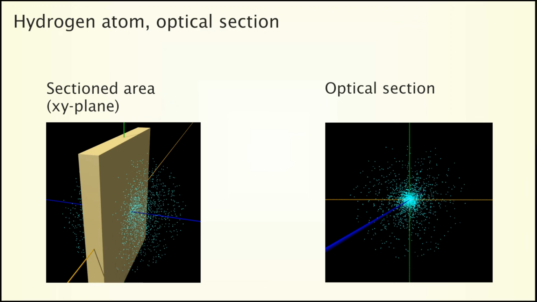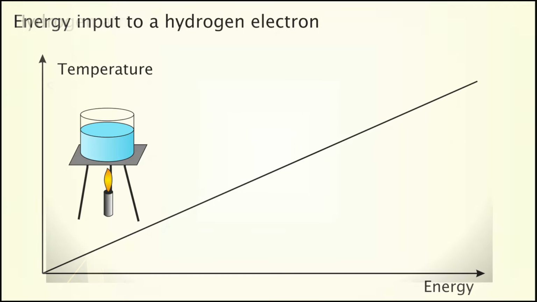So I will use this box for sectioning my dot cloud, and will only show the dots which are inside this box in the XY plane. In the case of this simple ground state, 1s orbit, so we call these dot clouds orbits, this will not look much different from the whole picture, but in the other cases it will look quite different, and it will give you a clearer impression.